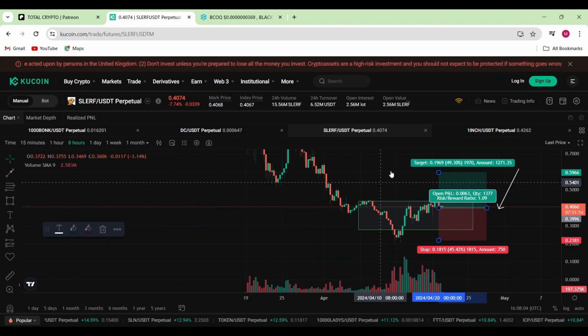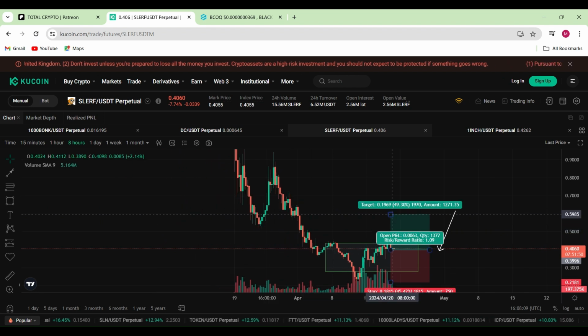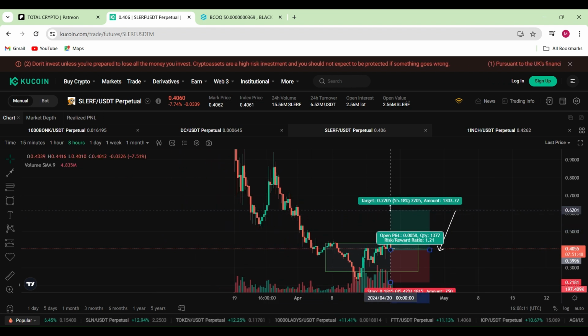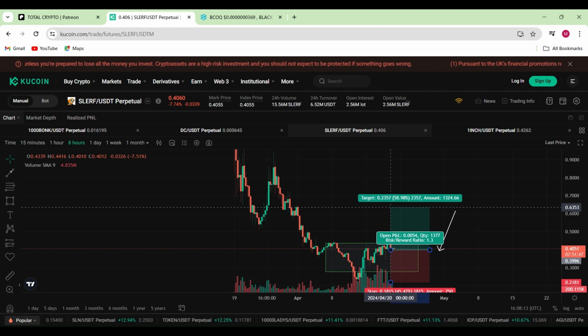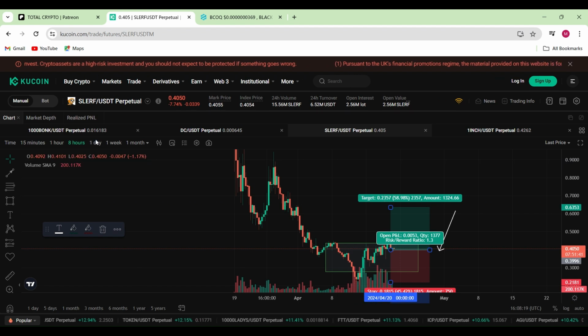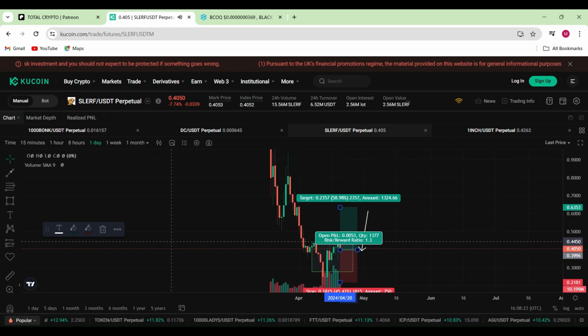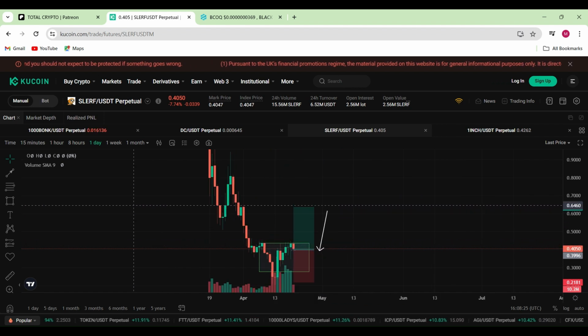But anyway, let's take a look at the overall structure. So it looks like we want to be making our way at least up until this level there. Now, how does this Slerf chart look on a daily? Okay, that's pretty much accurate.